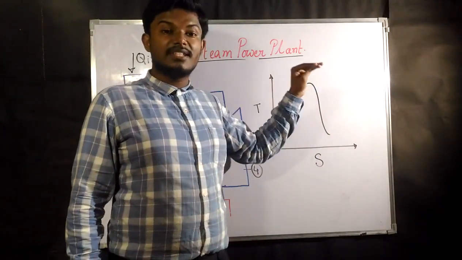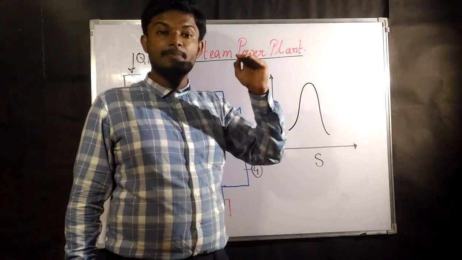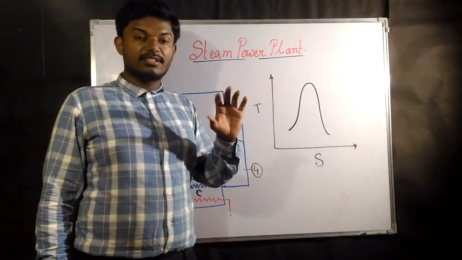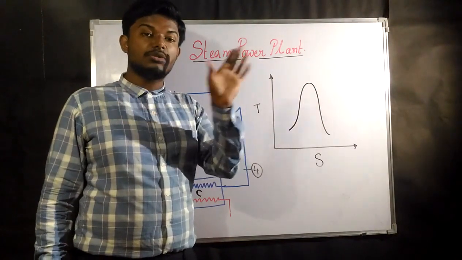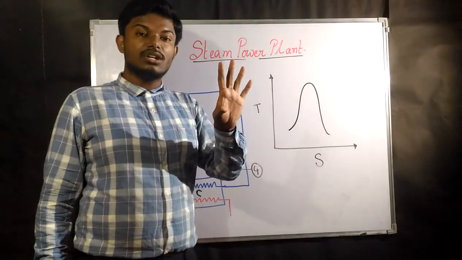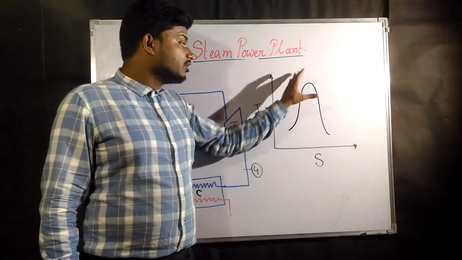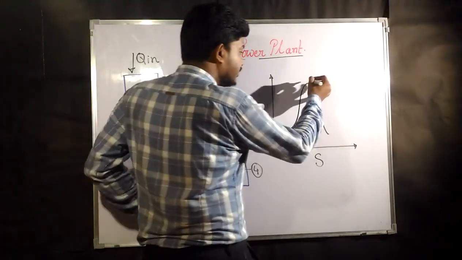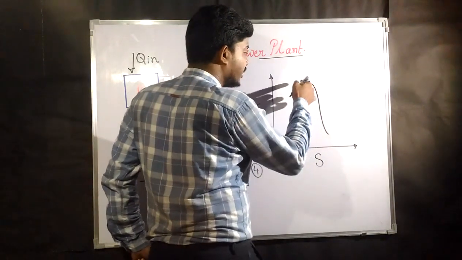At what temperature the substance is going to be liquid, or liquid plus vapor, or completely vapor, these things will be totally understood from this vapor dome. Now consider the topmost point.